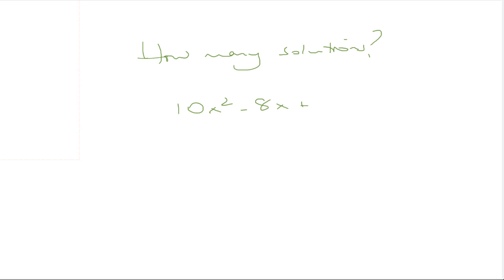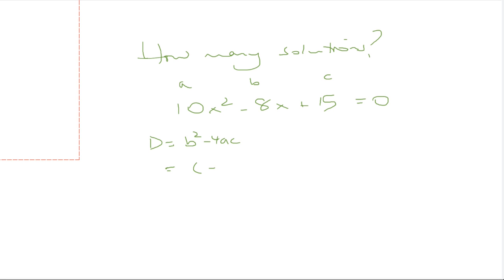So I'm just going to ask how many solutions. I'm not asking what are the solutions. If I asked what are the solutions, you'd have to solve it. But I'm not asking that. So let's just go 10x squared minus 8x plus, I don't know, 15 equals 0. All you have to do, you don't have to solve it, you just calculate the discriminant. The discriminant is b squared minus 4ac. This is your a, this is your b, this is your c.